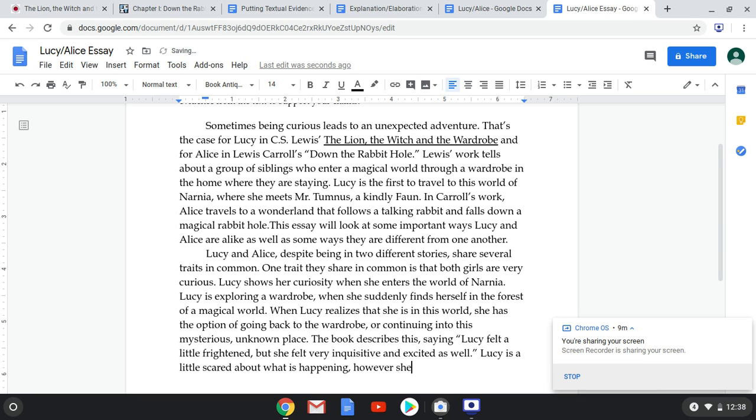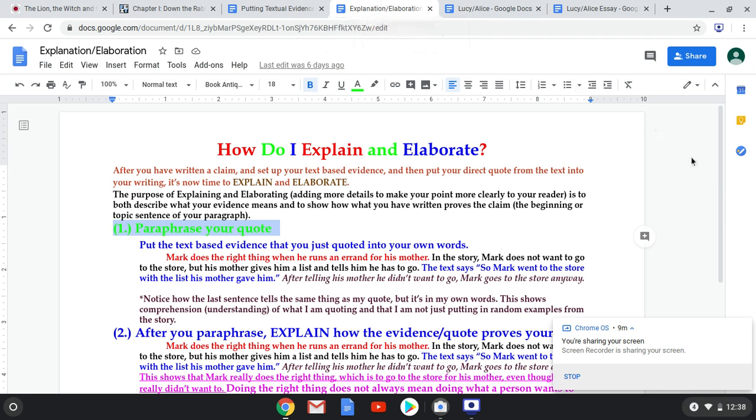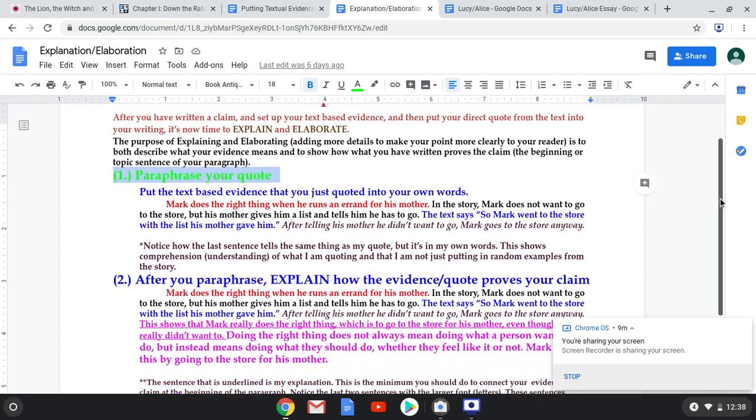However, she is curious enough that she is ready to keep going forward. Okay, so I put what's happening, I have it in my own words. And now, let's go to step 2.